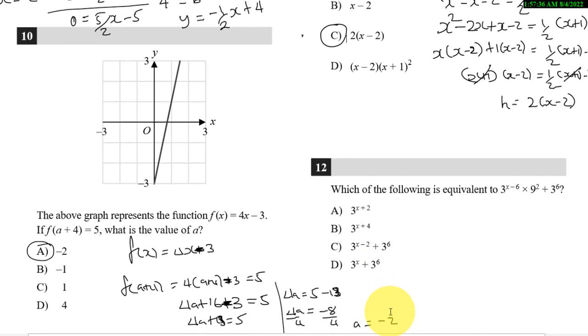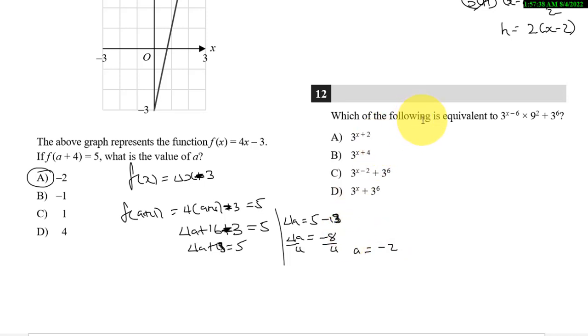Okay, then the next part: which of the following is equivalent to that? That is 3 to the power x minus 6 times 9 squared plus 3 to the power 6. So we need to express this in the same base.